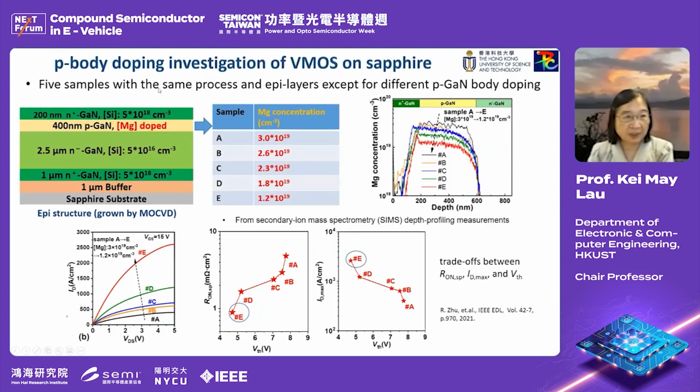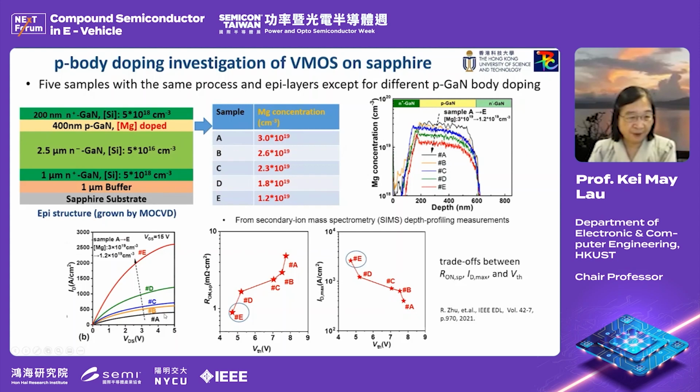This was the p-body doping study we did on sapphire. What we find is that we changed the p-body doping, but not by that much. It's all in the 10 to the 19 range, and this is the magnesium concentration. Of course, the hole concentration is somewhat different, depending on your activation efficiency.